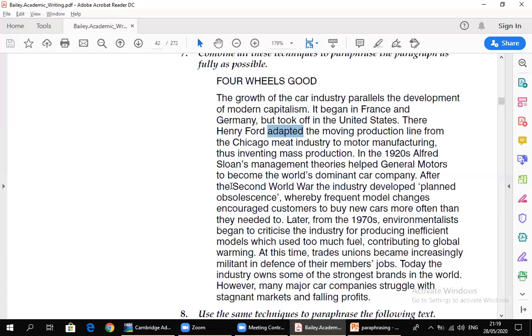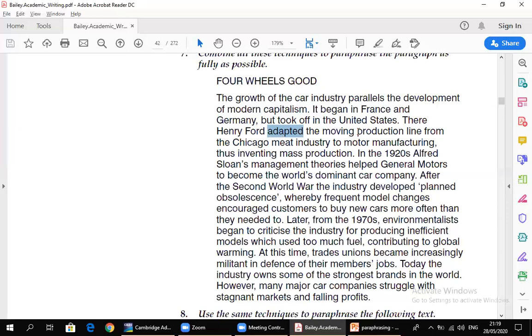So the word modify is not going to be perfect here. We can say like he changed, or he made a career shift, or he shifted from meat industry to motor manufacturing. So we can say shifted. Okay, that's for this verb.